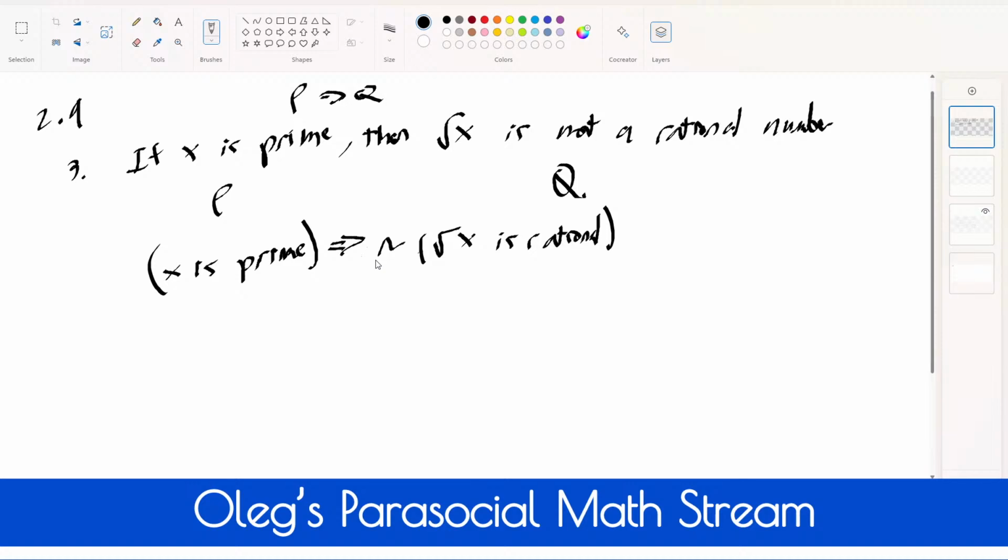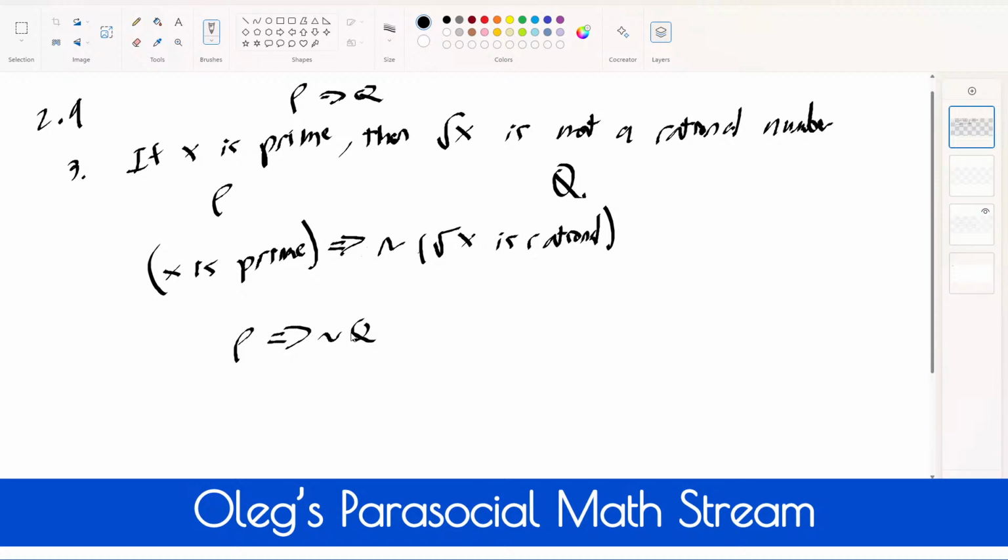All right, let's see what the book says. Okay, that's interesting. They actually did what I did. I wasn't expecting that. They did it with the not. They wrote P implies not Q. Well, I guess it makes sense.